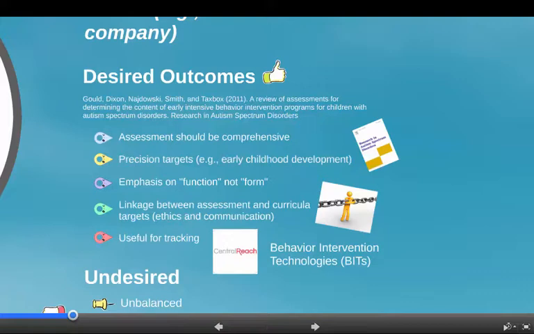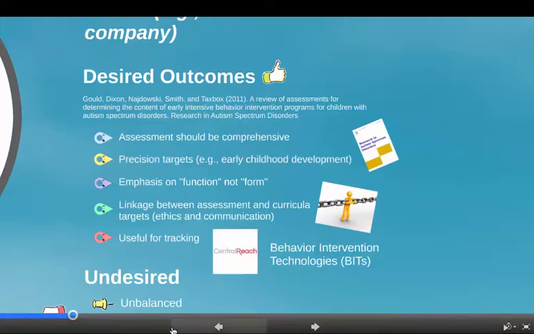The other thing a good assessment will do is to put an emphasis on the function of behavior and not the form of behavior. This is something that we're going to discuss in depth in one of the subsequent modules, but we want to make sure that we're addressing skills that will serve a function and an important role in the individual's life. The other thing a good assessment will do is provide a linkage between the assessment and curricula targets.